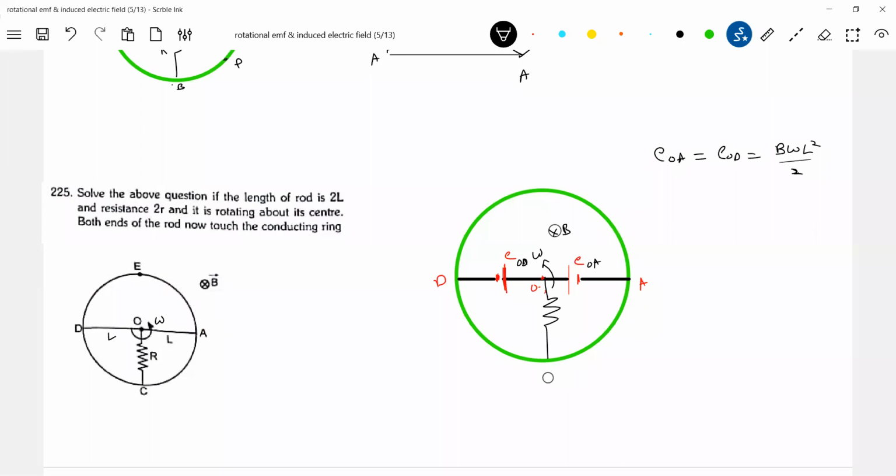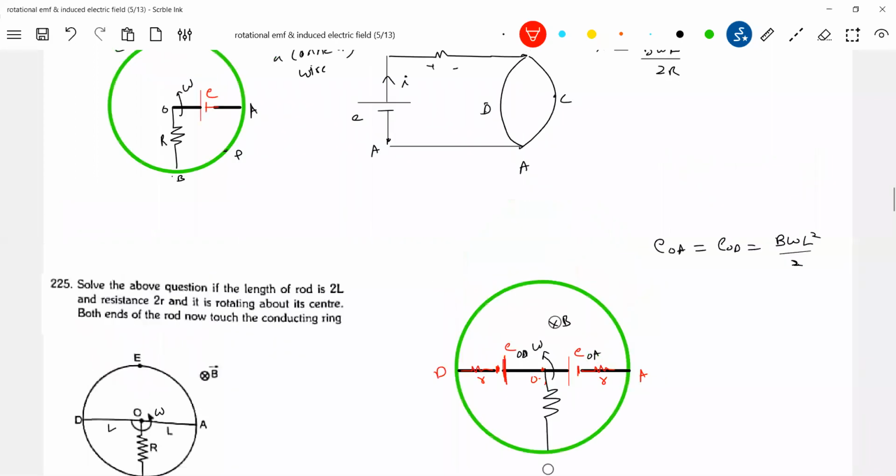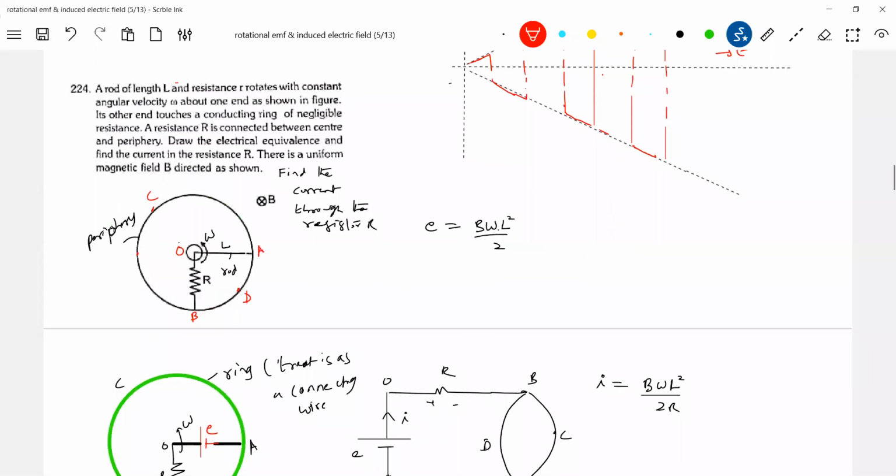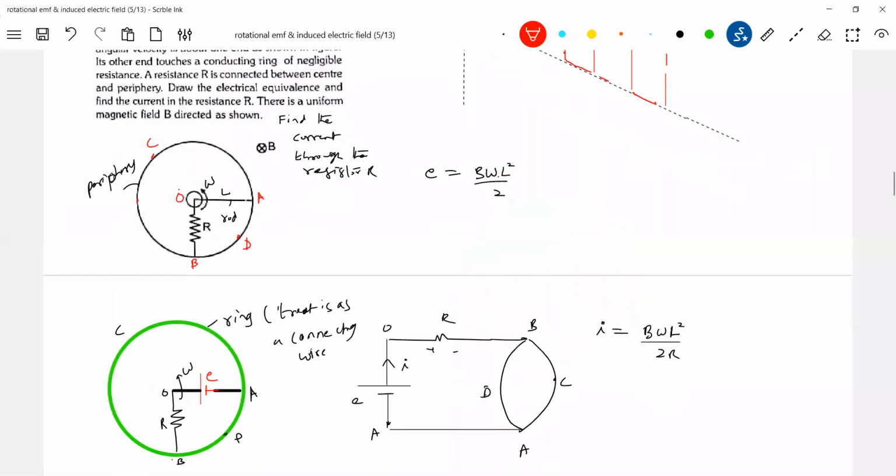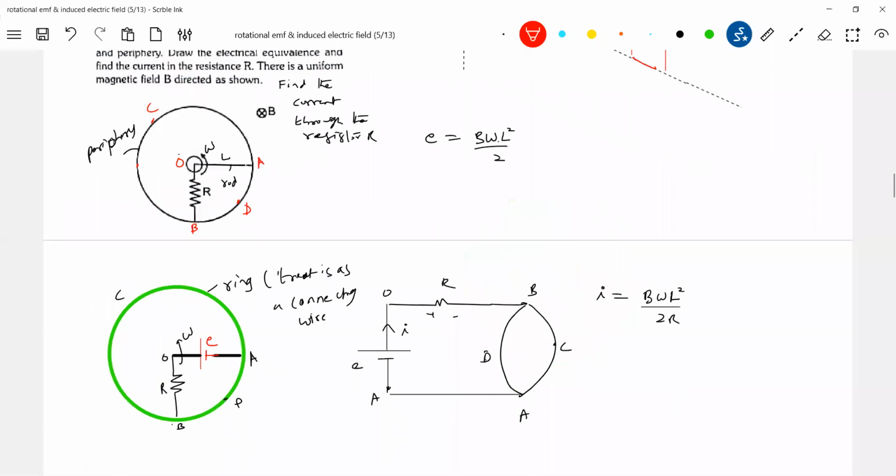The resistance R is also given. The resistance of the rod is also given. So shall I introduce small r here? Resistance 2R. Is any resistance there previously? Oh, wait, some resistance is there here.